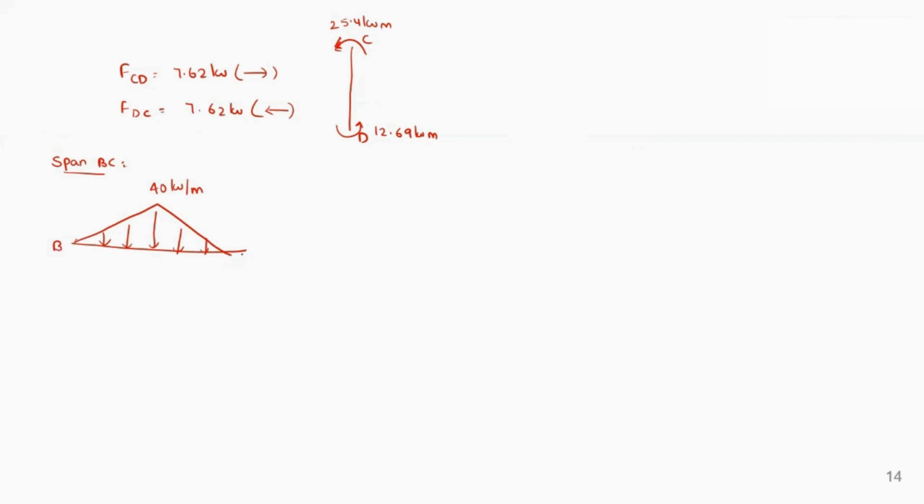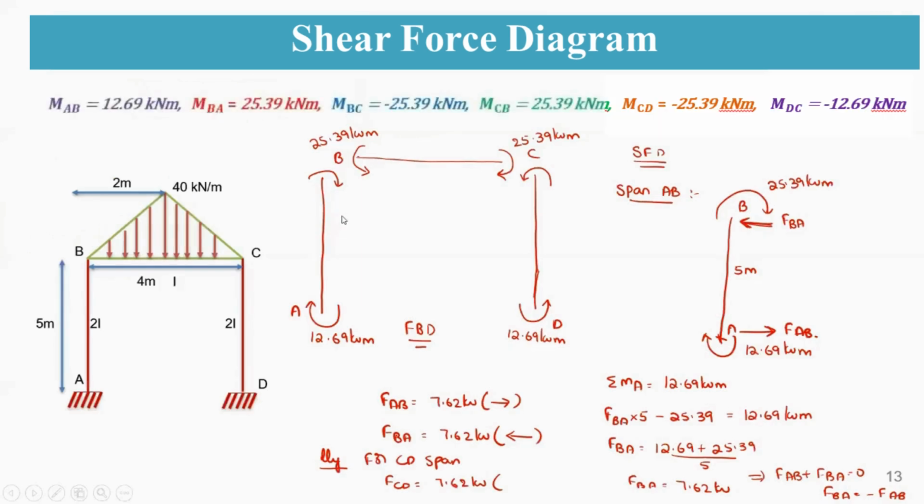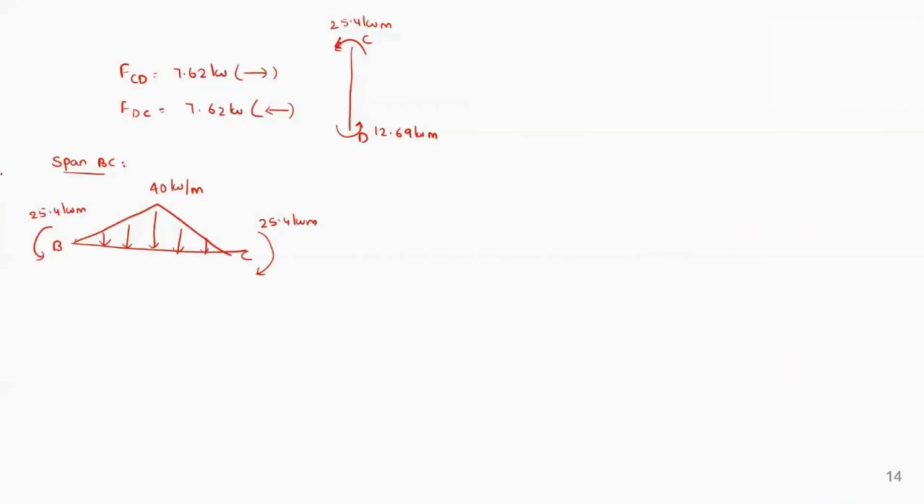These are the supports B and C. And here you are having a moment at B as well as at C. So the moments are 25.4 kilonewton meter, and this is also 25.4 kilonewton meter. Yeah, 25.39, that means 25.4 kilonewton meter.